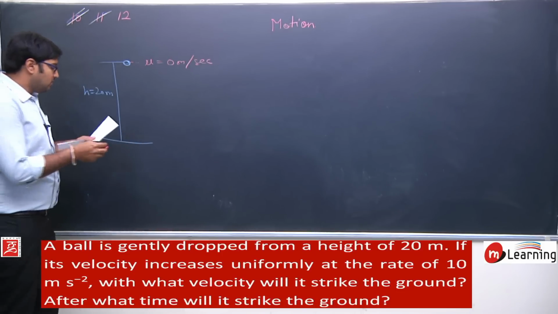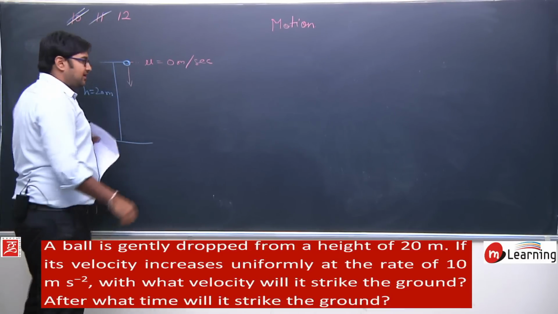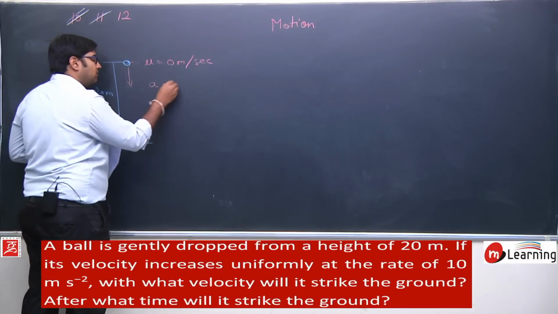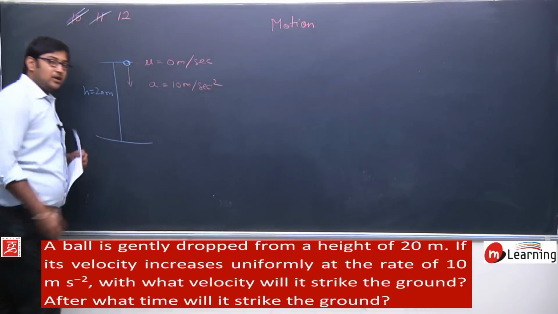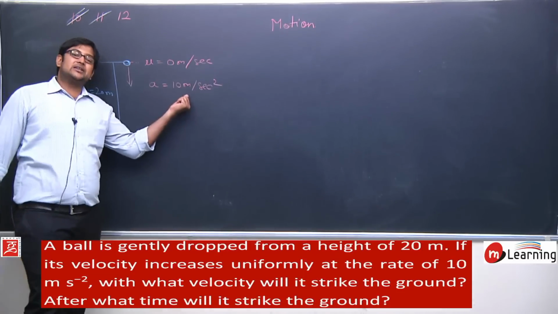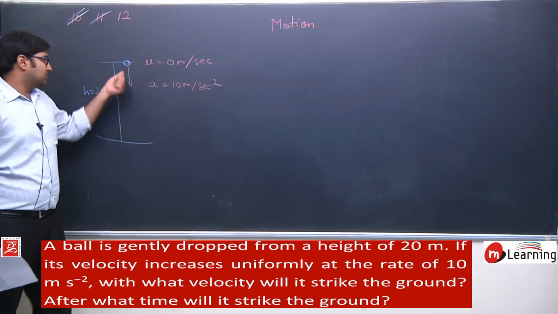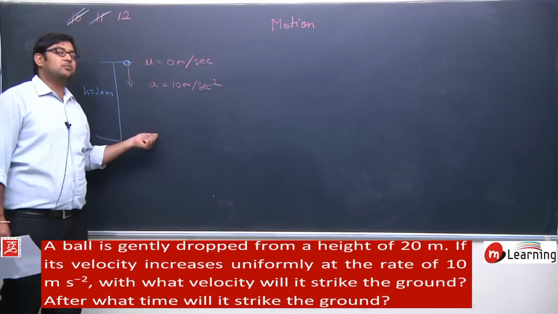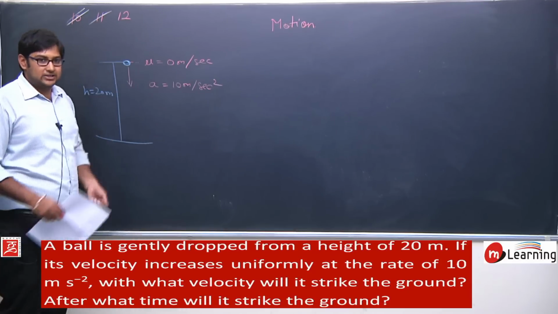Now as soon as the ball is moving down, it has an acceleration of 10 meters per second square. Now I am saying that this acceleration will be positive. Now why is it positive? It's simply because the velocity and the acceleration both are in the same direction, both are in the downward direction.